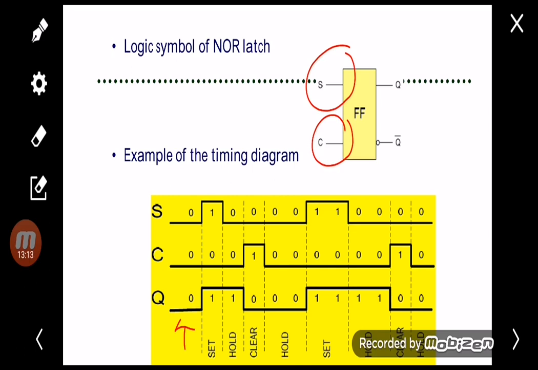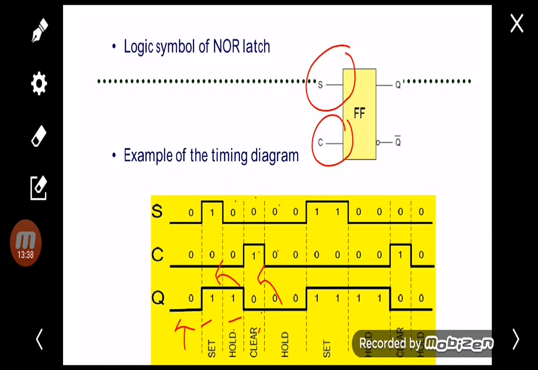So 1 0 is set, 0 0 is hold, it will hold the previous output. 0 1 is 0, 0 0 is hold from the previous output. The previous output is 0, so it will hold the output from the previous input. So this one is also hold.